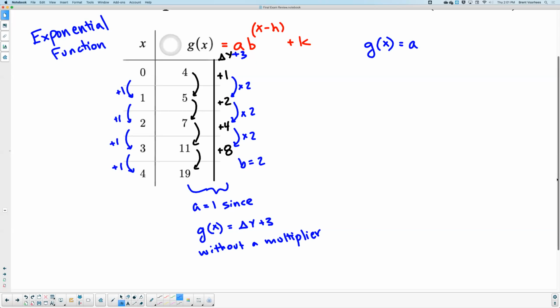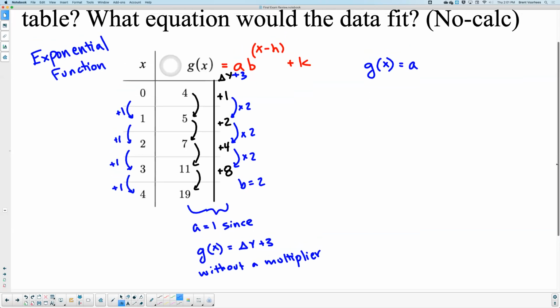And that's why a equals 1. So my a is 1, so I don't even have to include it in the equation.